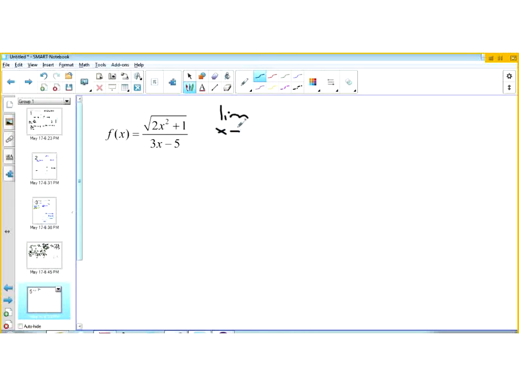So the limit as x approaches infinity of the square root of 2x squared plus 1, divided by 3x minus 5.